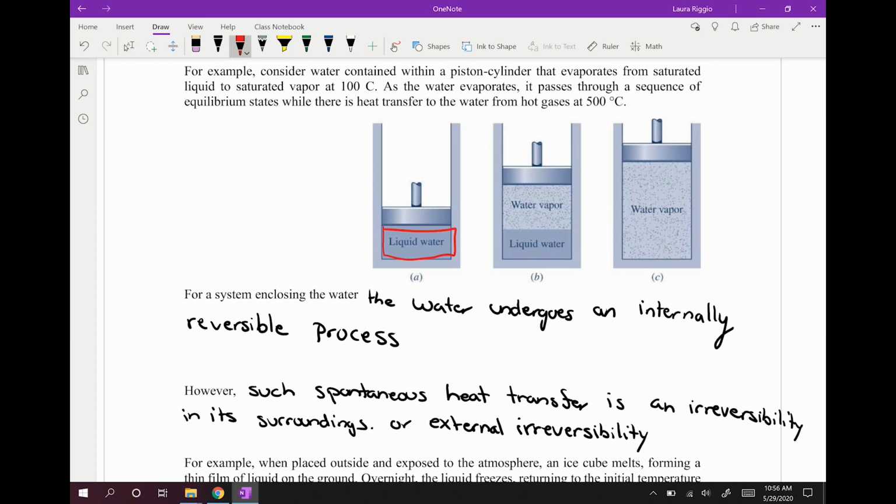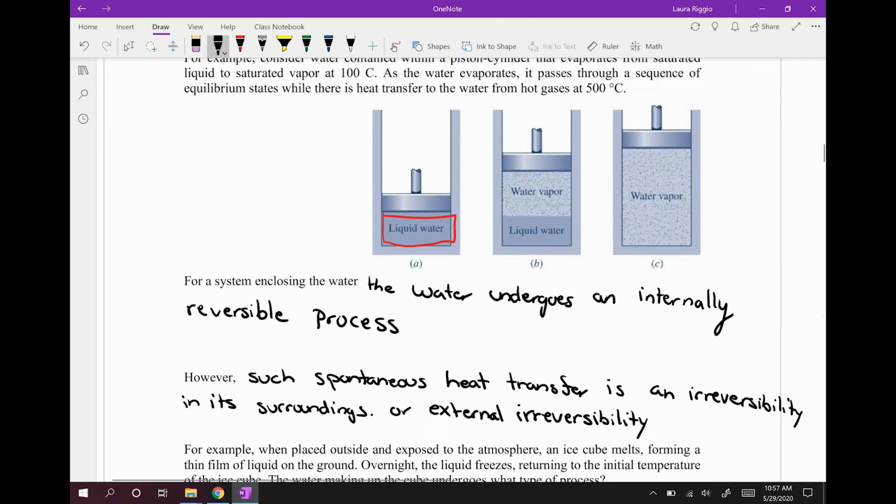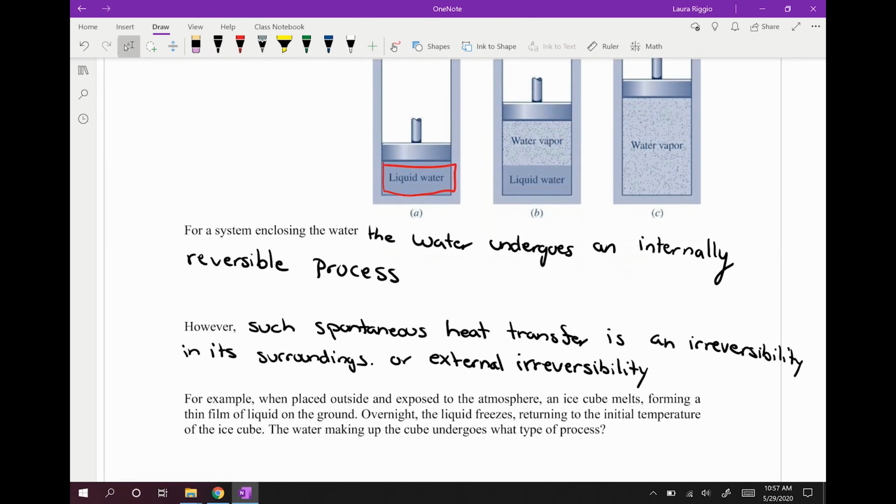We can boil the water and we can condense the water, so we can return the water back to its initial state. However, such spontaneous heat transfer is by definition an irreversibility, and it is in the surroundings, so it is an external irreversibility.